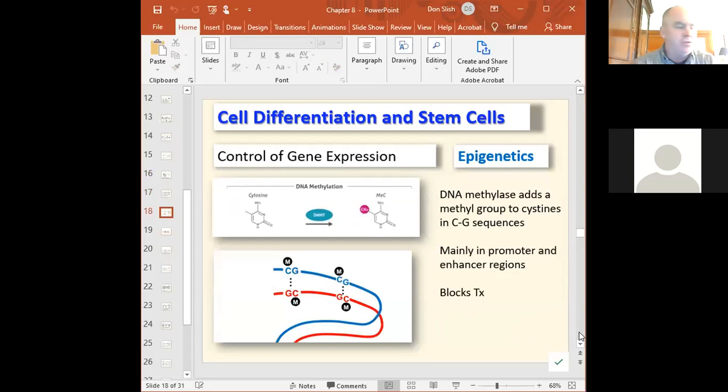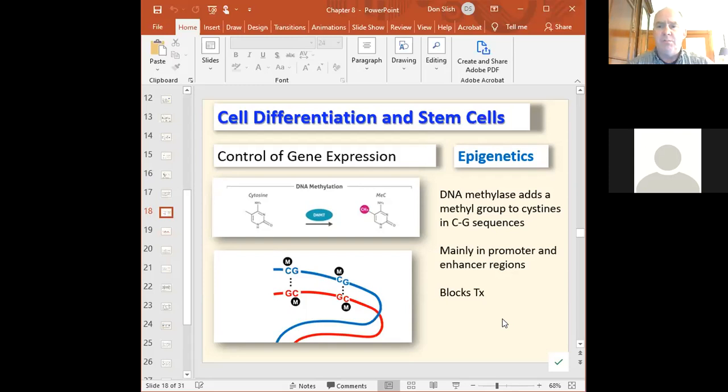Another form of control of the gene is methylation of cytosines. Cytosines in a CG grouping, and when you methylate that, it shuts that particular part of the DNA off. So basically, transcription factors won't bind to it, so now it's shut off. So this methylation happens because something changes in the environment that then changes the regulation of the gene, and then that can be inherited.